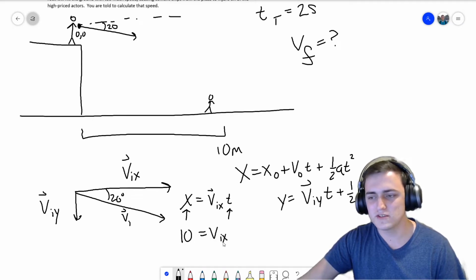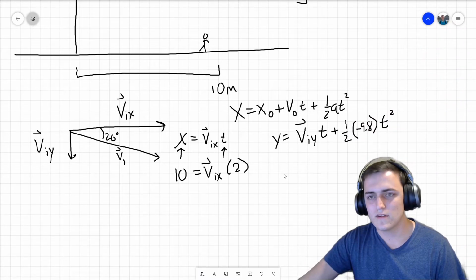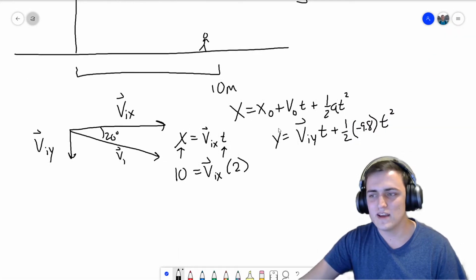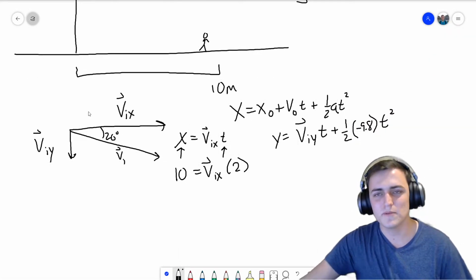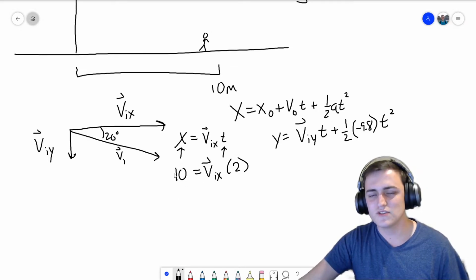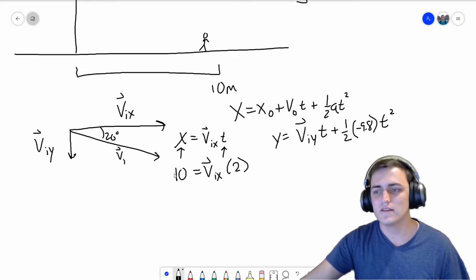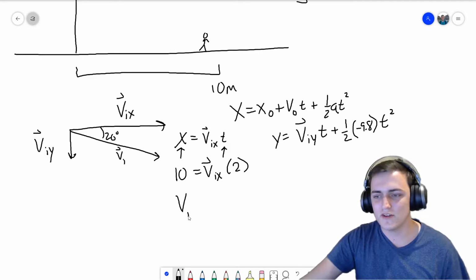We don't know what v initial is, but we know that time at that t final is 2. So we can use an equation that we found from the initial point, and then we plug in our conditions from the final point, and now we've actually figured out that our initial x component was just 5 meters per second, right?